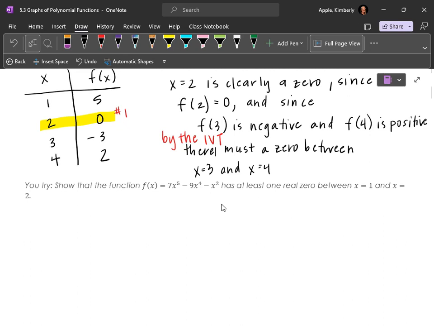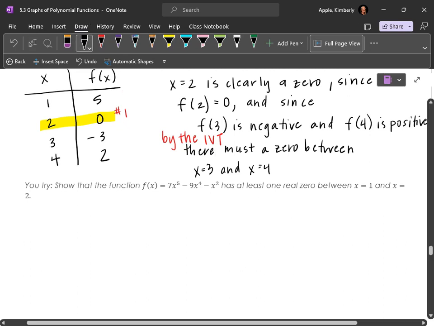So if you want to give it a shot and try to see if this function has at least one zero between 1 and 2.